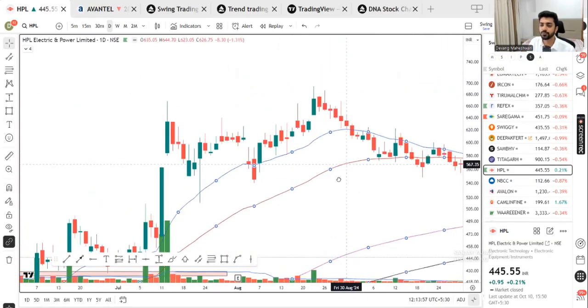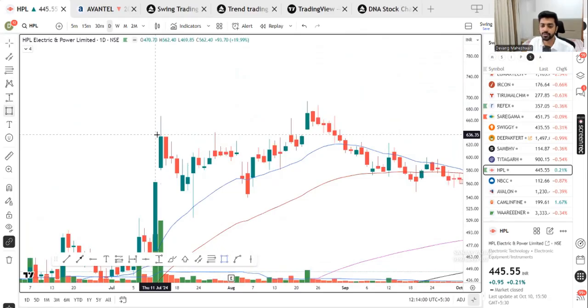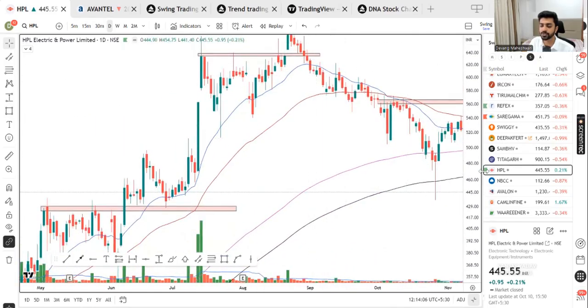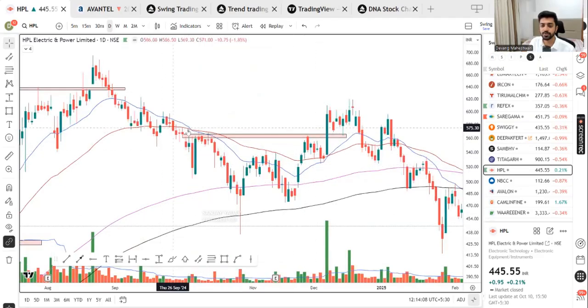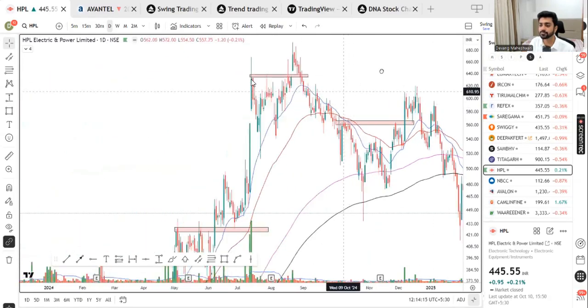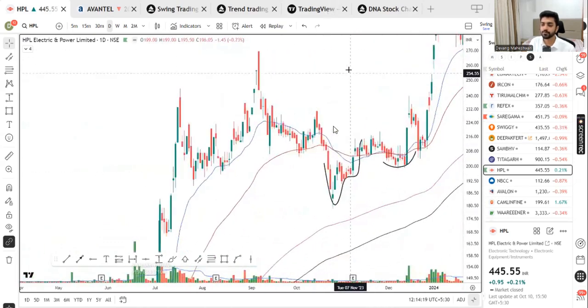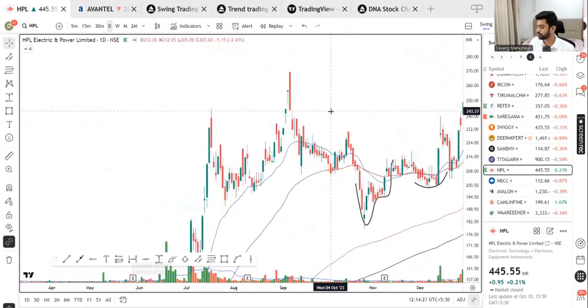So let's move here. What kind of base is this? This is an upright base. It got filled up here and eventually the stock changed its direction. From here it tried to move up again and got filled. Which kind of base is this one?